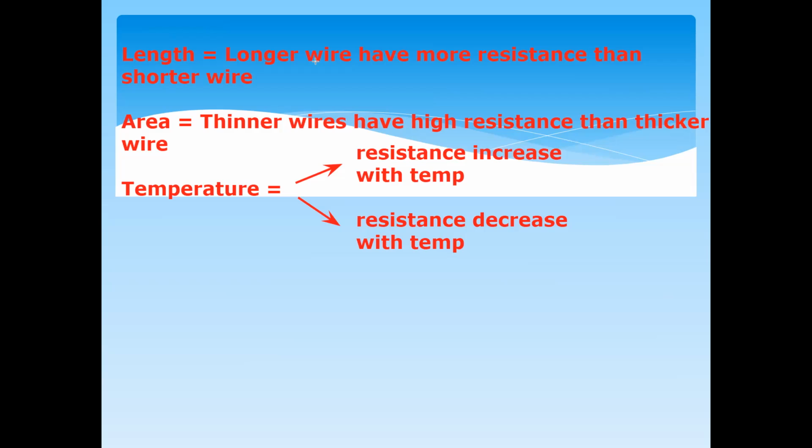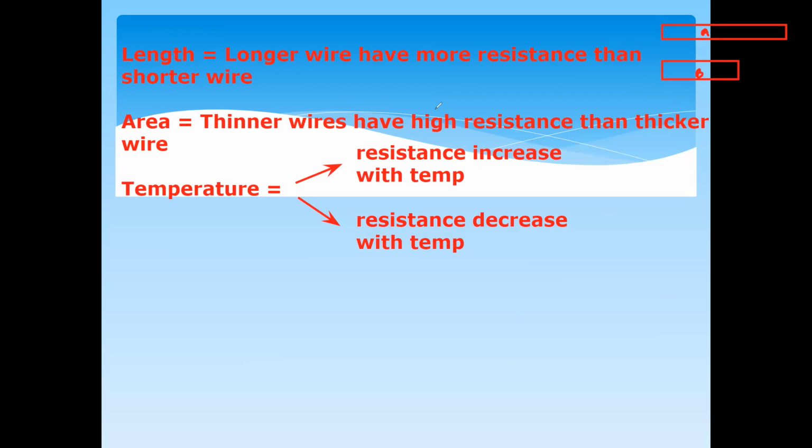For example, if I say I have two wires A and B, same area, but different lengths. Which one do you think has a high resistance, A or B? Two wires, one longer, another shorter. Yes, that's right.